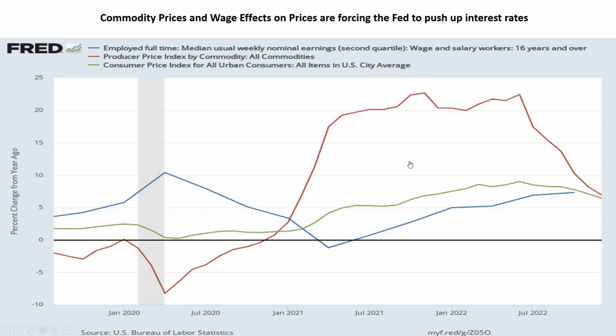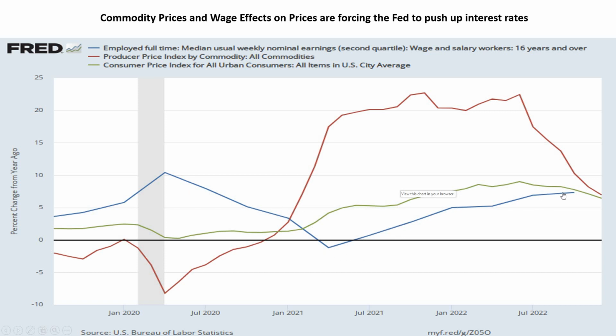When we take a look at and break down the components of my business expense index, we can see the producer price index and commodities in red have had a sharp correction starting around June or July of 2022. And we're seeing the annual growth rates really spectacularly plummet. That's a great sign. But on the other side of this has been wages, which are measured in blue.